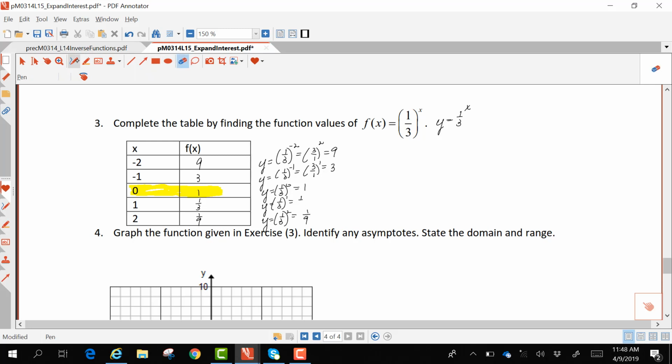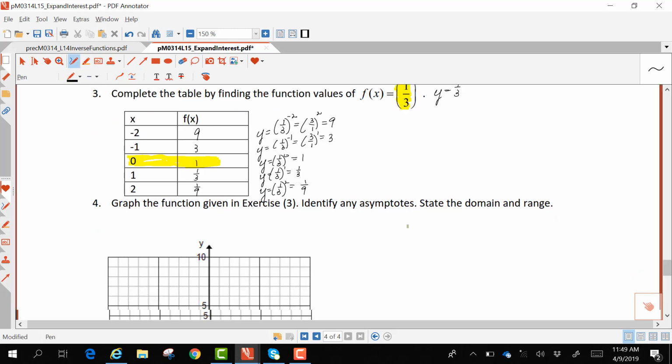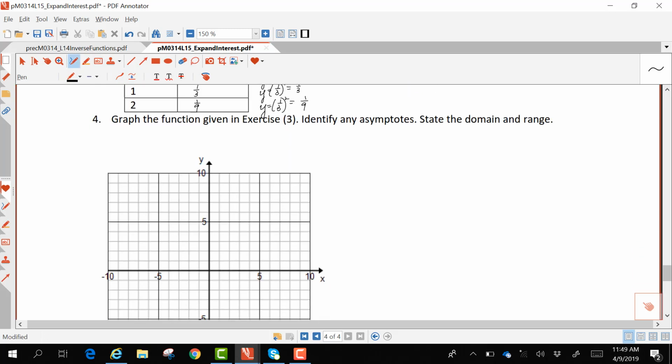This graph is going to look different because your base was a fraction. Instead of being 3 to the x, you have 1/3 to the x. When you graph this one, you will continue to have a horizontal asymptote, which is the x-axis.